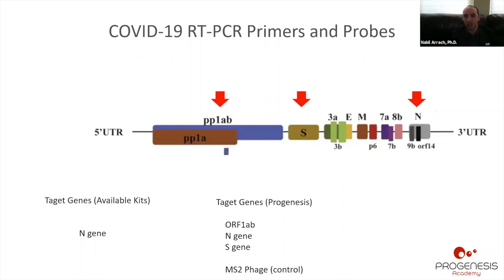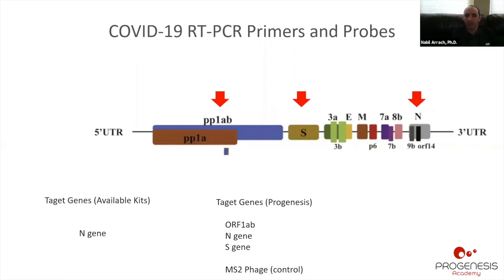So you don't want to rely on one single probe and one single pair of primers, because you may be missing certain isolates that have a mutation on that site. That's why I like the approach of having multiple genes sampled at the same time.